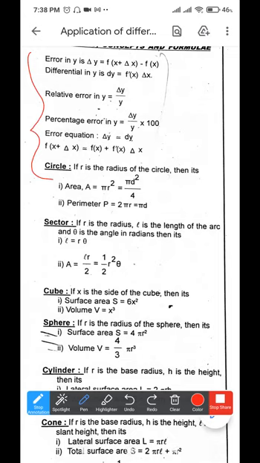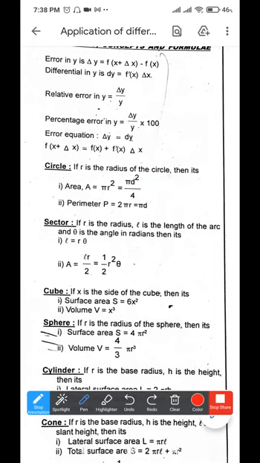Now, if r is the radius of the circle, then area A is equal to pi r square, and perimeter is 2 pi r. If you write it in the form of diameter, then it is pi d square by 4.